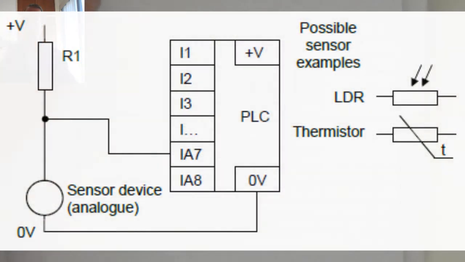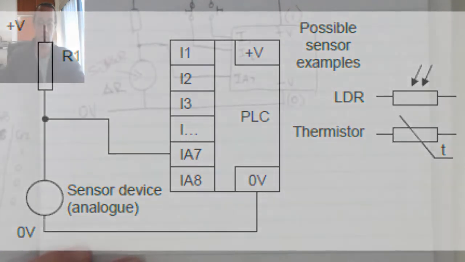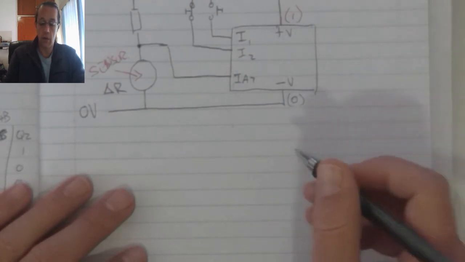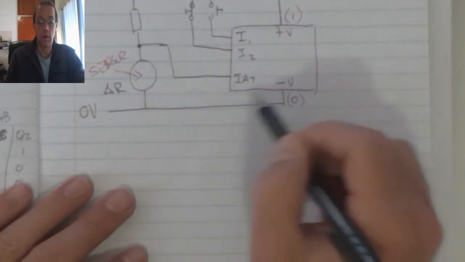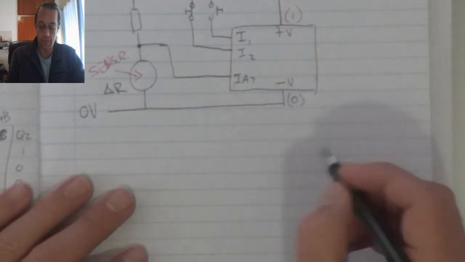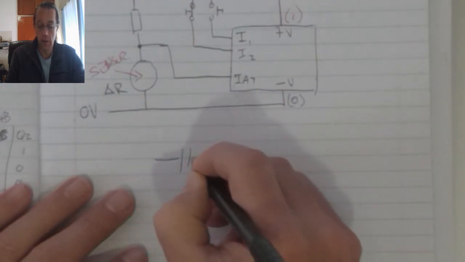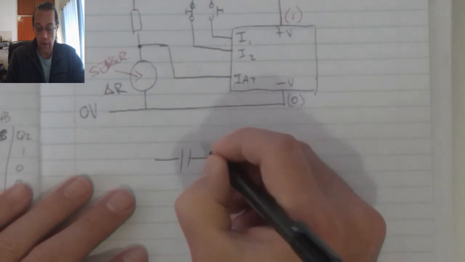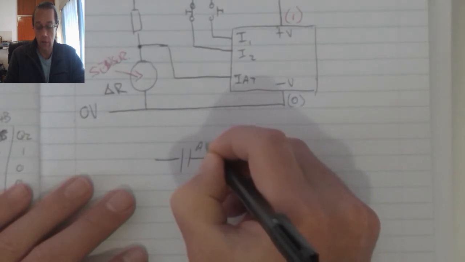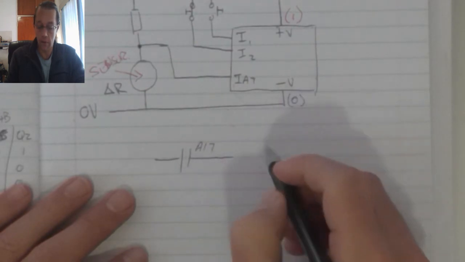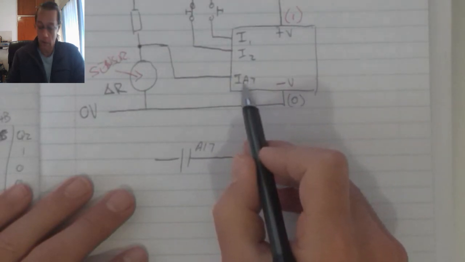Now, when using an analog input, it is imperative that we use the analog testing in our ladder diagram. As an example, let's say input A7, analog input number 7, that's that one over there.